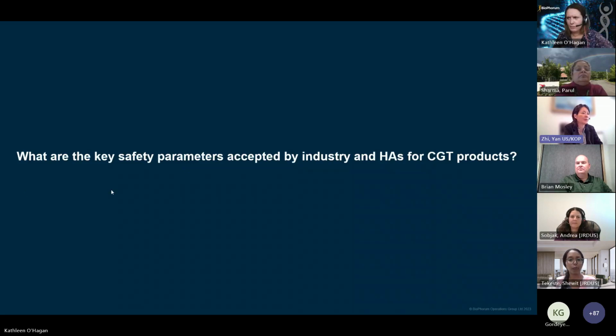Sure. I will comment more on the gene therapy side, and leave my colleagues to comment on the cell therapy side. For gene therapy, currently the most popular class of product is AAV-based gene therapy. For those, my view is that very similar guidance documents on the biosafety side have been used for many years for recombinant protein.